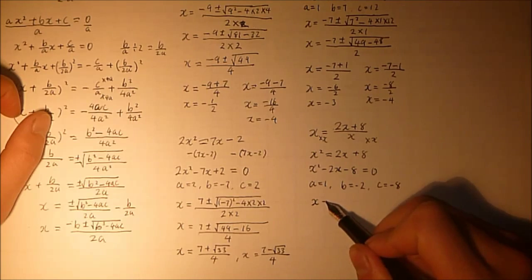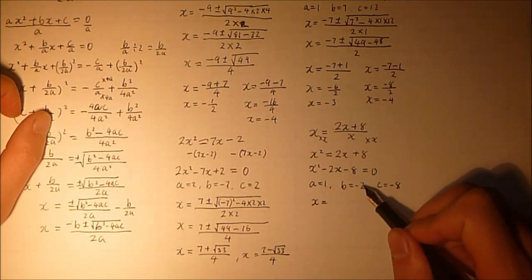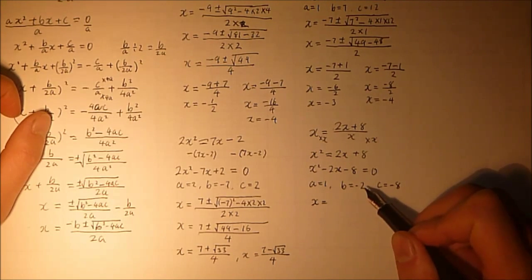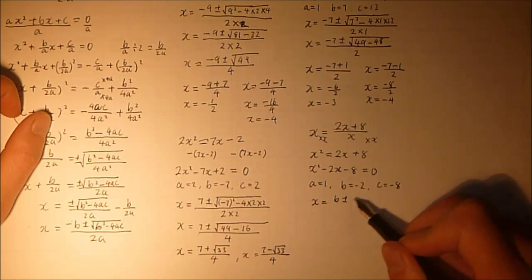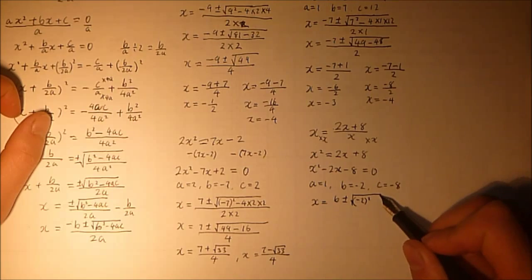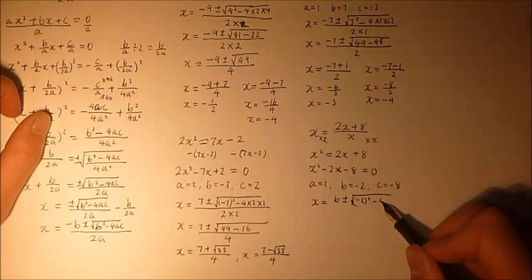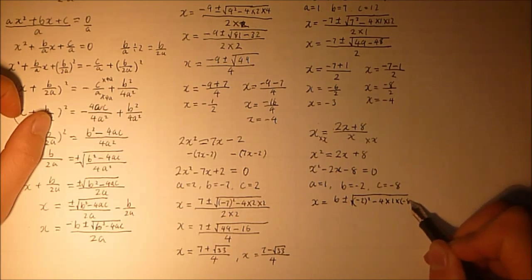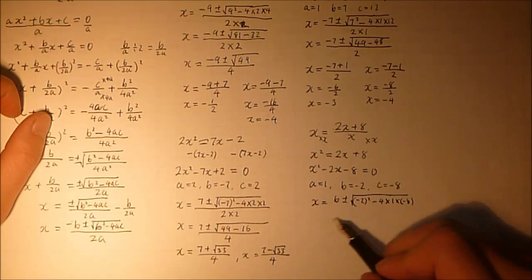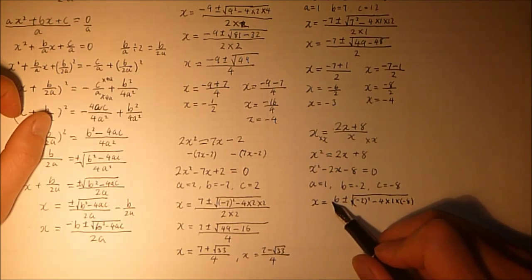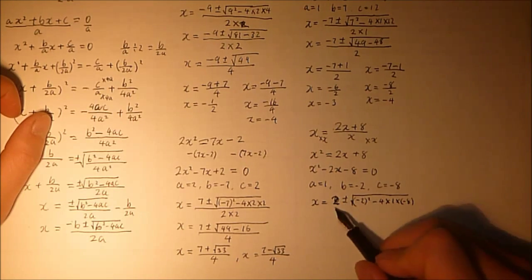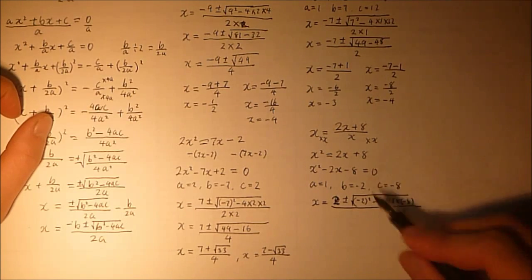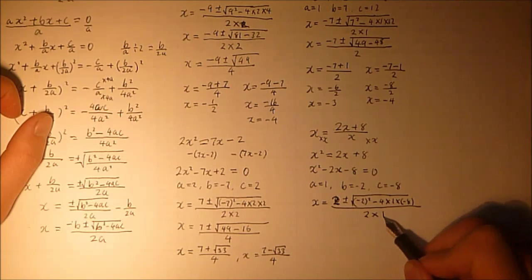X equals, b is minus 2, so minus minus 2 is positive 2, plus or minus the square root of 2 squared minus 4 times 1 times minus 8 here, over 2 times 1.